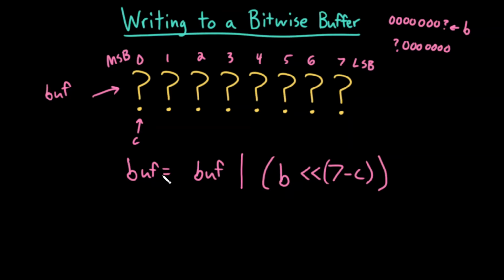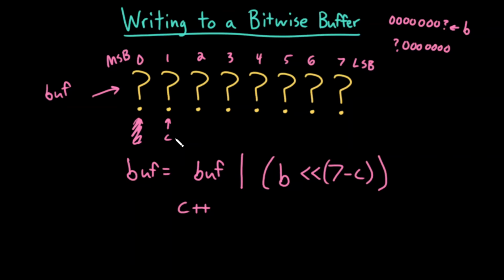So I'm going to update my buffer by ORing it with the result of shifting B over 7 minus C spaces. So now I've officially set this bit, and then I want to increment my current pointer, or my current index. Sorry.